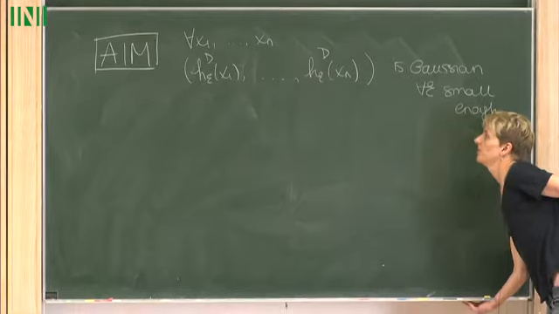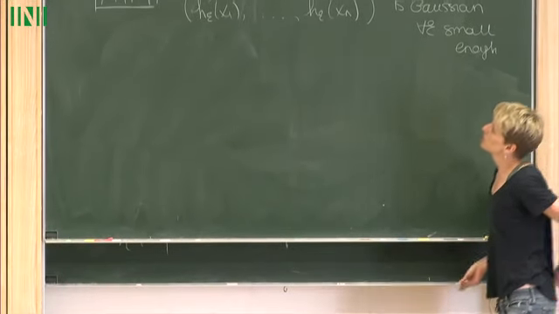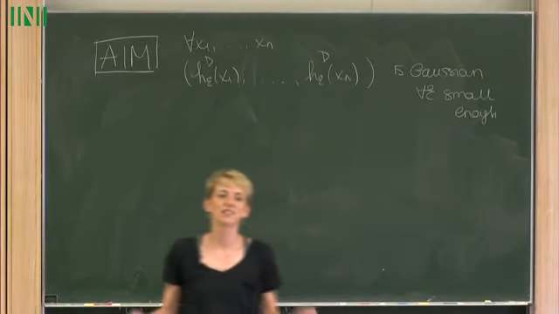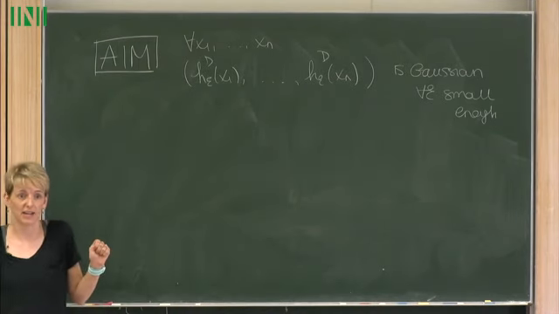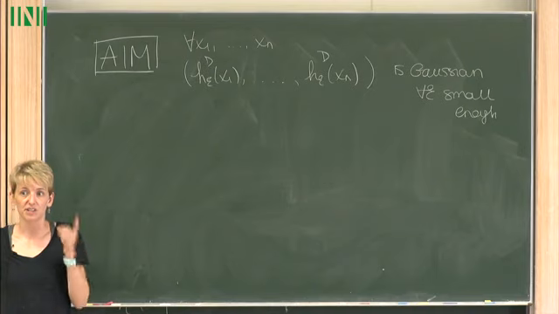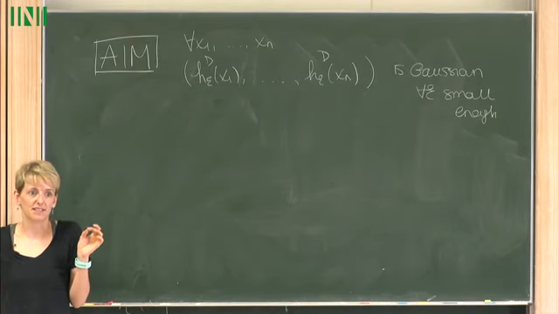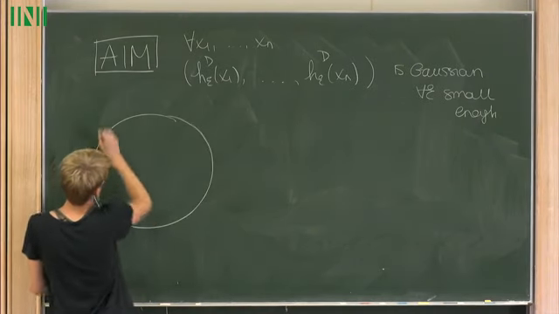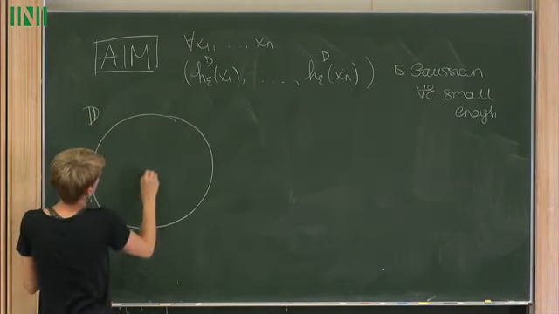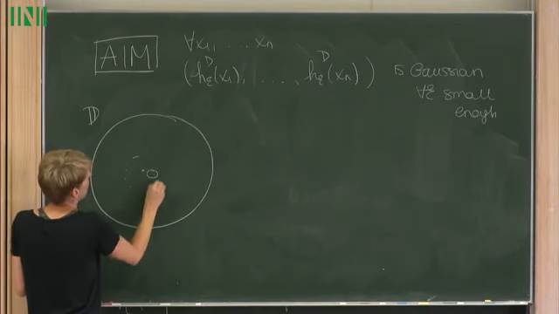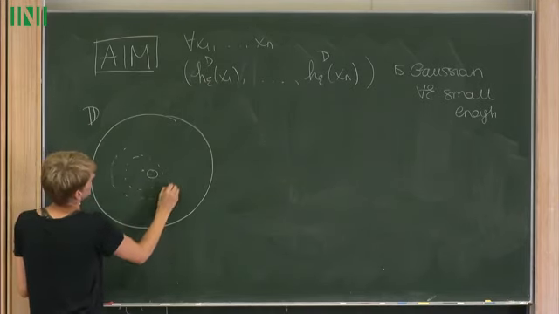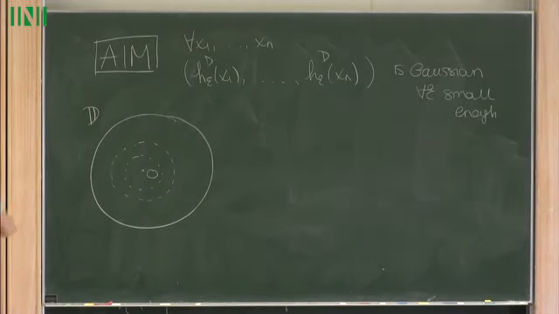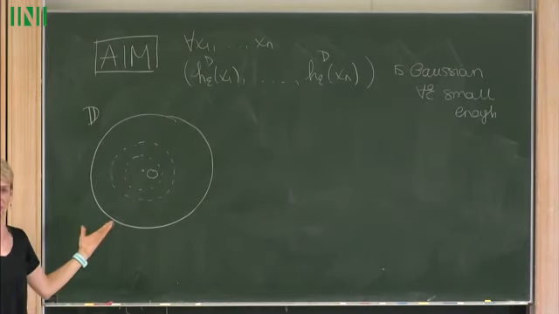So why should this be the case? To illustrate the idea, I'm just going to take the really simple case where the domain is the unit disk. I just have one point, and that point is 0. So I'm in the disk, I have 0, and what I'm interested in are the circle averages at different circles around this point.